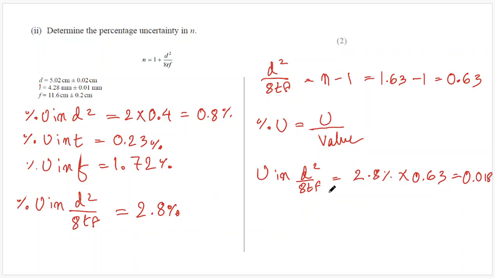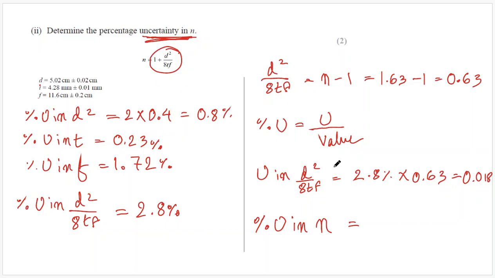0.018. But the question asks you to find out the percentage uncertainty in N. So percentage uncertainty in N would be the uncertainty in this entire part. So you have already found out the uncertainty in d squared by 8tf, which is 0.018, and 1, it's a constant. It does not have an uncertainty, right?